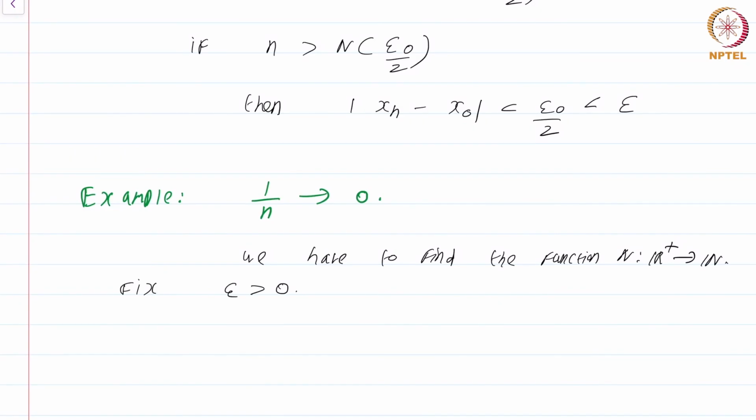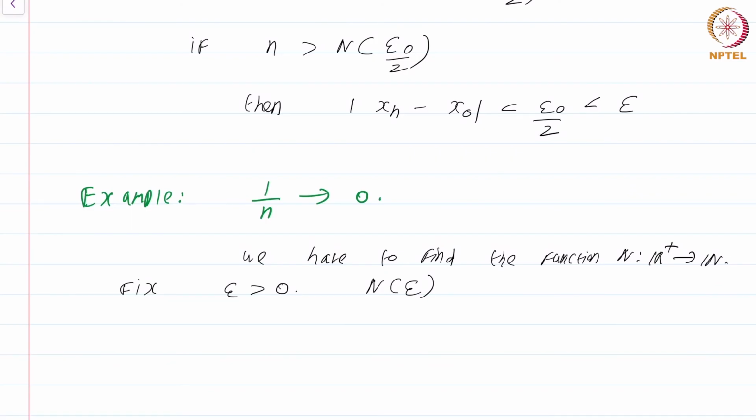Now we have to find an appropriate N epsilon. Note that for each choice of epsilon, it suffices if I find one value for which the definition of convergence works. I can just take all these values together and construct the function N. So what I'm essentially doing is fixing an arbitrary epsilon greater than 0 and finding an appropriate choice of the value N epsilon. If I can do this for each epsilon, then I have a well-defined function. So fix epsilon greater than 0.